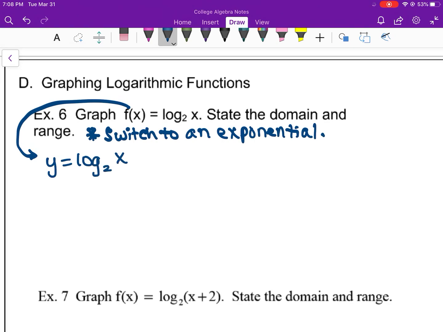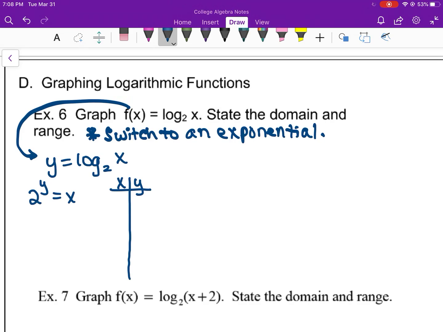If I switch it to an exponential, that's going to say 2 is my base to the y equals x. When I do my xy table for this, everything's backwards, because now my equation is solved for x and not for y. So I need to pick exponents out.